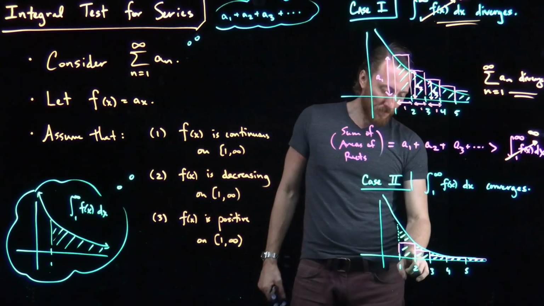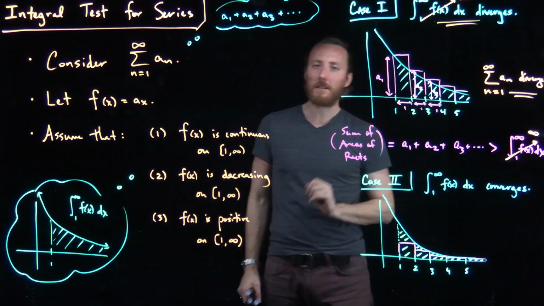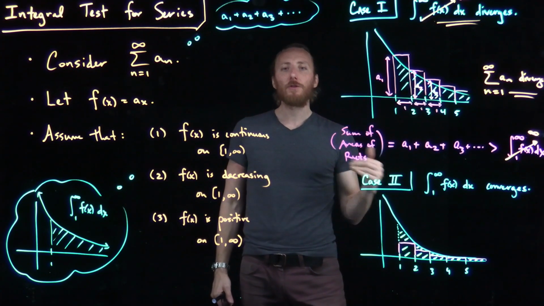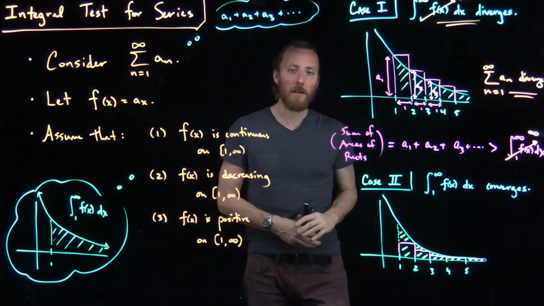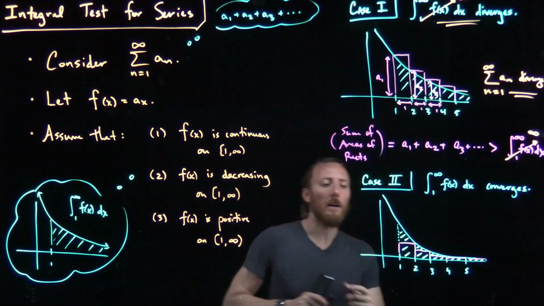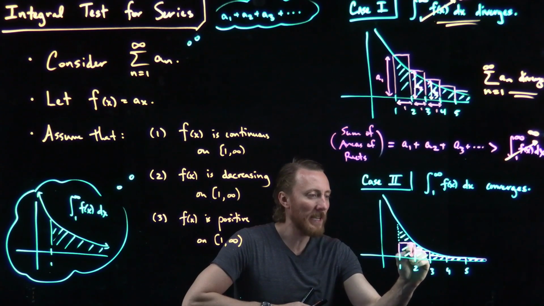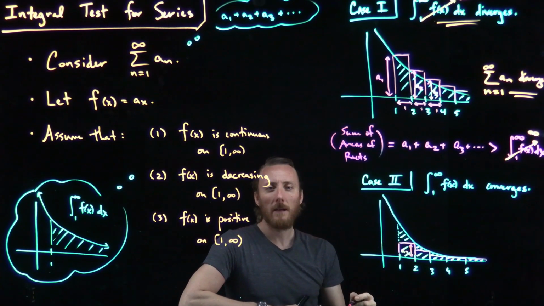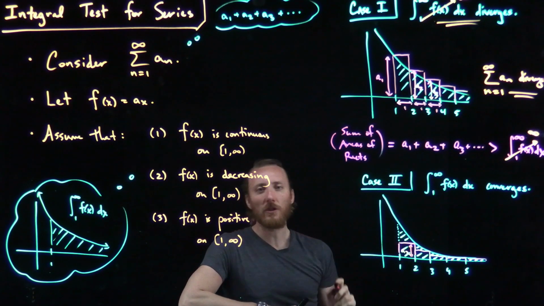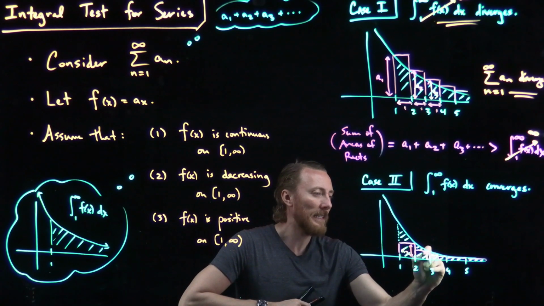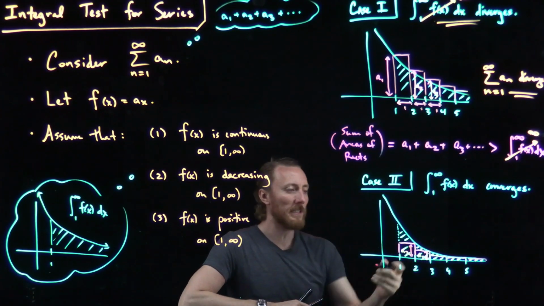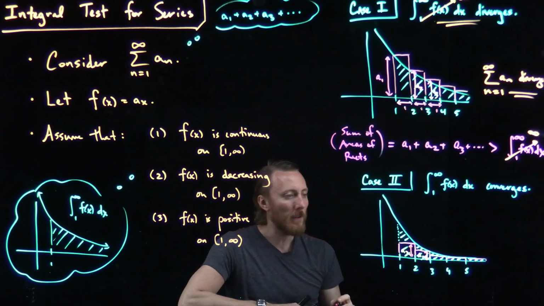Now, in this case, we're going to use right endpoints to draw our rectangles, making sure that our rectangles stay under the function's graph. Now, how big are each of these rectangles? Well, this first rectangle has a height of just a sub 2 because the function value at 2 was determining the height there. Here, the function value at 3, this second rectangle has a height of a sub 3.